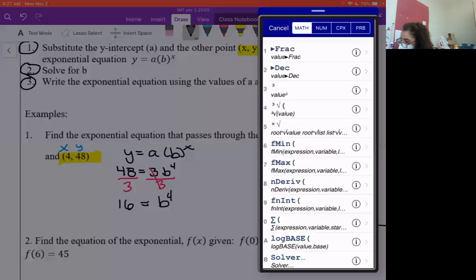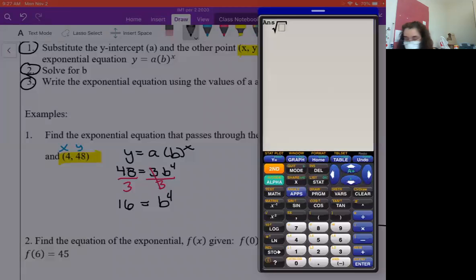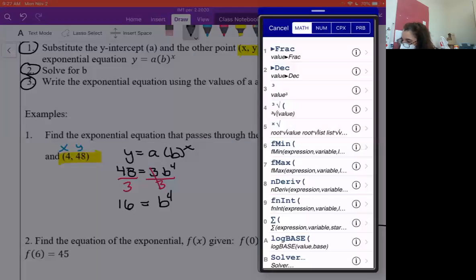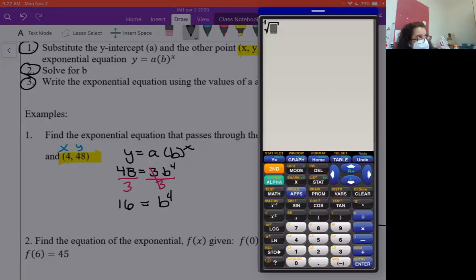And then if I go to number 5, that'll give me a root for whatever other number I want. So if I wanted to do a fourth root, I hit a 4, math, and my fourth root. Now I'm taking a fourth root, which is what I want to do here, because I got b to the fourth, so I want to do a fourth root of 16. So that's how it works on a graphing calculator.